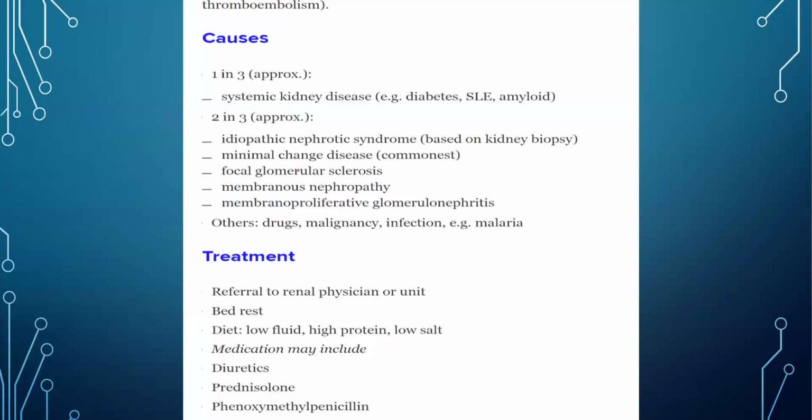Okay, so the commonest cause of nephrotic syndrome is minimal change disease. Other than that, it could be idiopathic, focal segmental glomerulosclerosis, membranous nephropathy, etc. And sometimes it can be due to diabetes, SLE, amyloidosis. Sometimes even malaria can cause it.